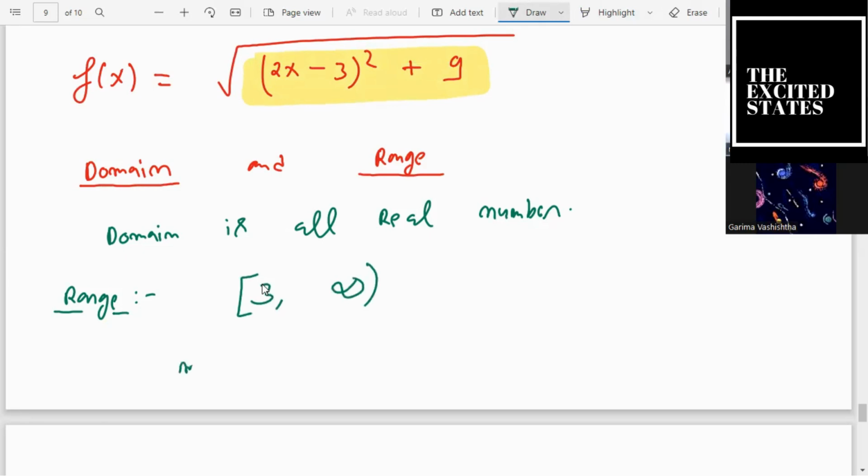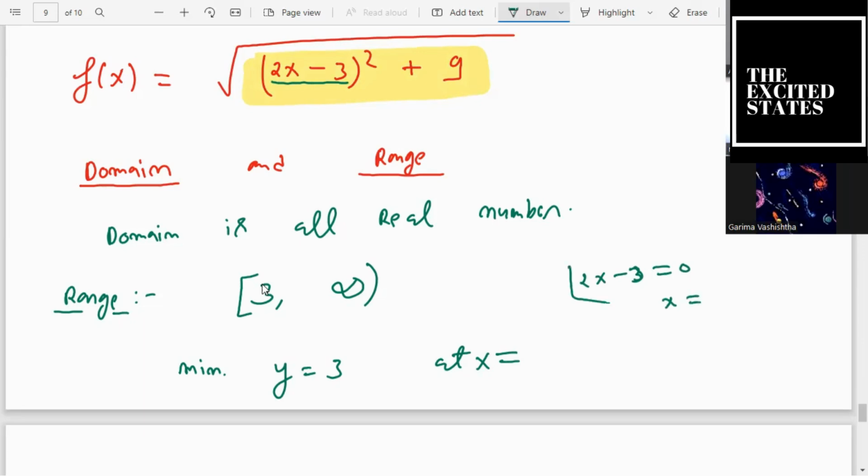So the minimum value of y will be 3. At x equal to what? When the expression inside the bracket becomes 0, that means 2x minus 3 becomes 0.